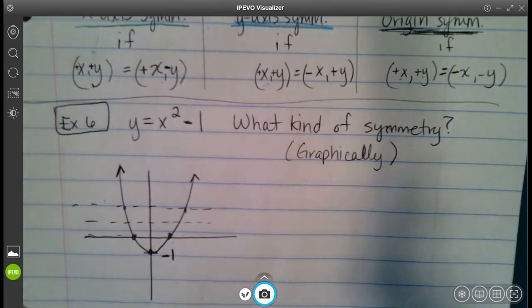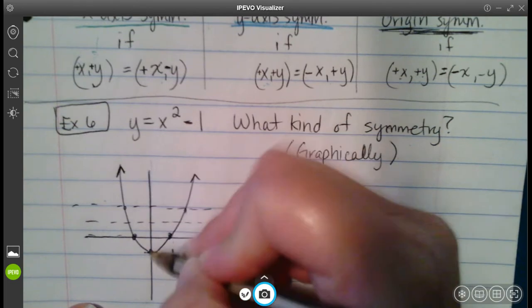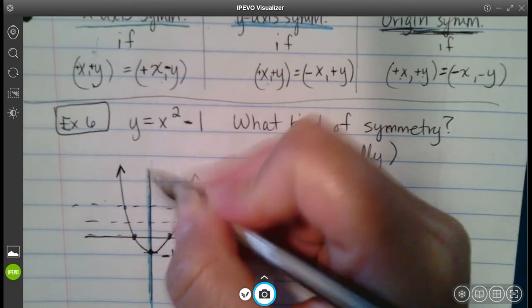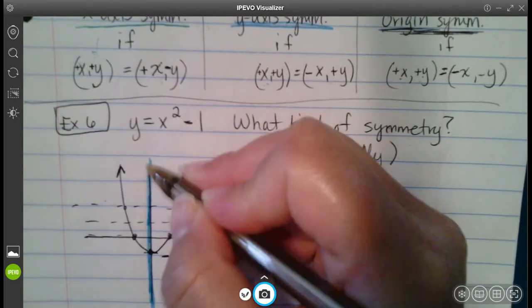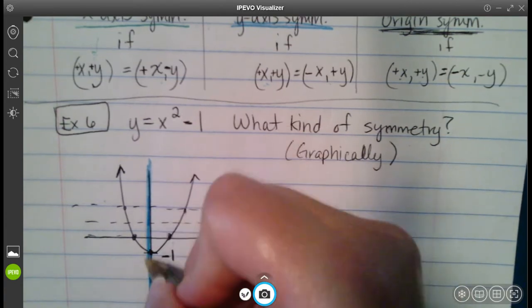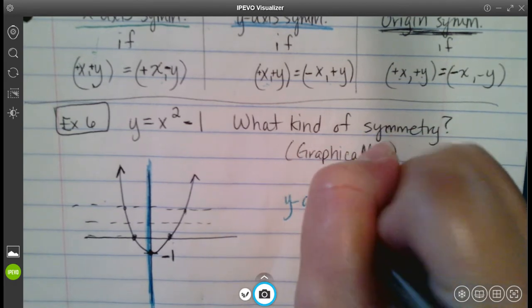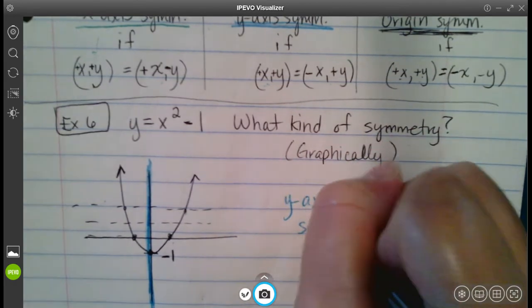So if I were going to try to fold it somehow, it looks like this is where my axis of symmetry, so to speak, would be, right? And since the axis of symmetry here is down the y-axis, this would just be y-axis symmetry.